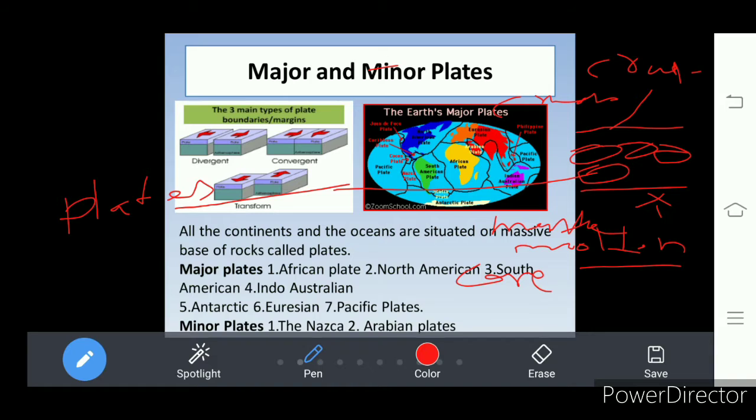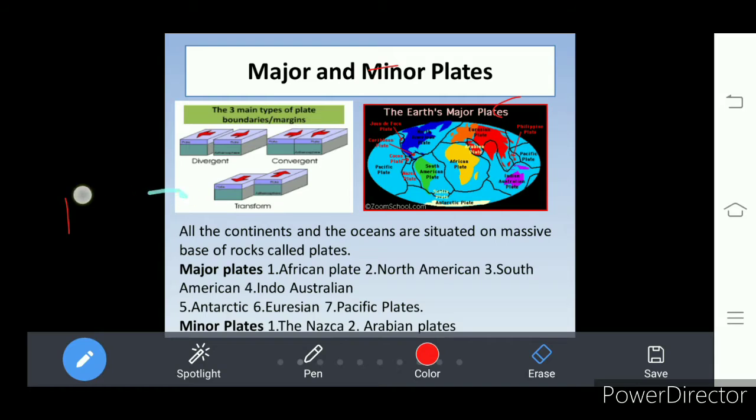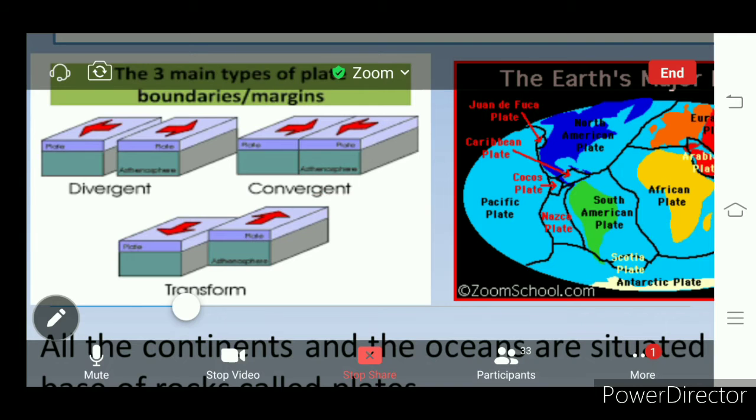These plates constantly push each other. As they are floating, they push each other. All the plates, major and minor, push one another every time.